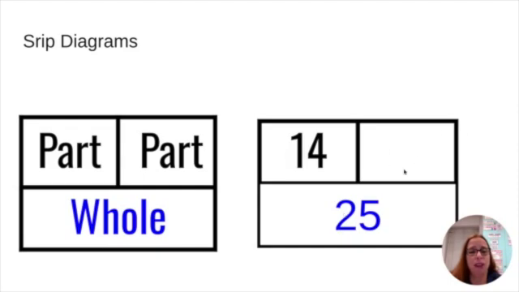We have to find this missing number. We know the whole is going to be our first number that we use in a subtraction problem. That's 25 minus 14, and you subtract that and you're going to get 11. So it's just like the strip diagrams that we saw in addition, except one of our parts is missing and they give us the whole.